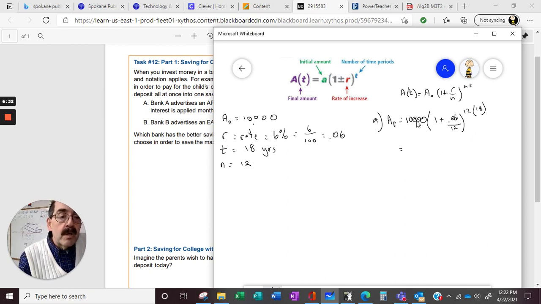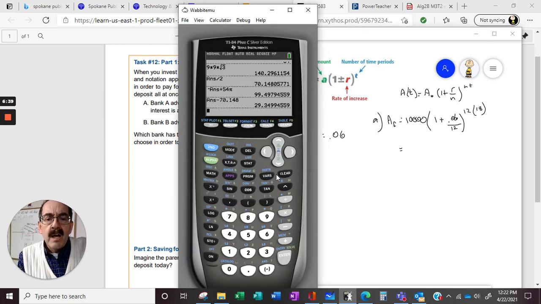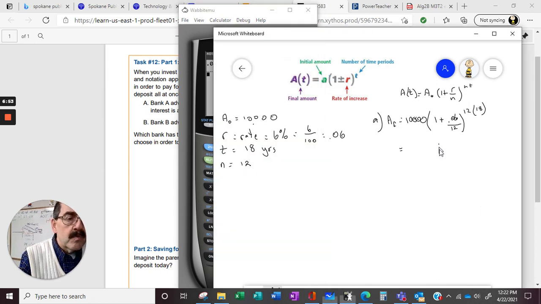If we do that math on a calculator, you'll get an answer. I'm going to help start this because I've learned over the years there's so many places to make a mistake. So I'm going to start right here. 0.06 divided by 12. And this gives us 1 plus 0.005, to the 12 times 18, right? Okay, 10,000.